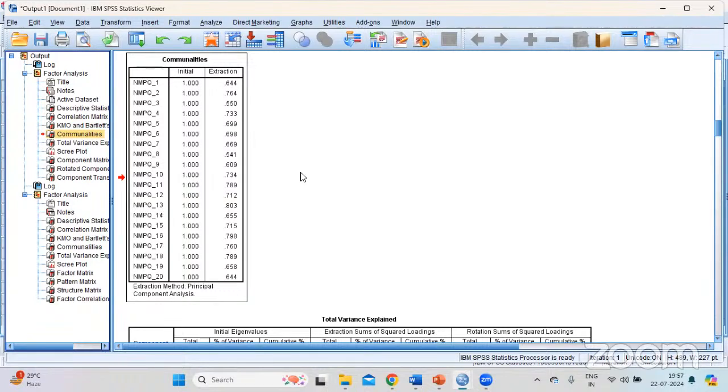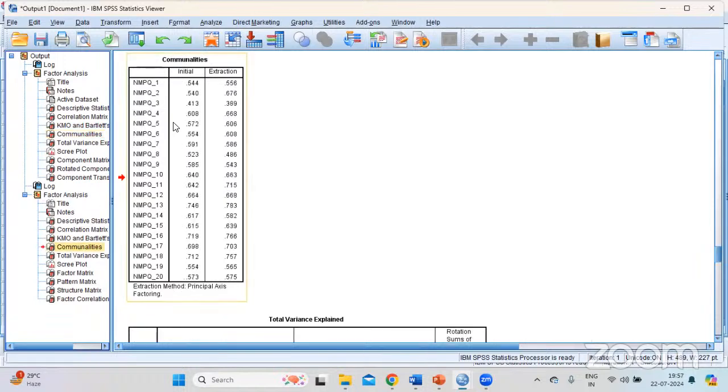There are no other specifications. But under factor analysis, it considers the common variance, the specific variance, and the error variance. That's why you see that the initial values are all different for each of these items.